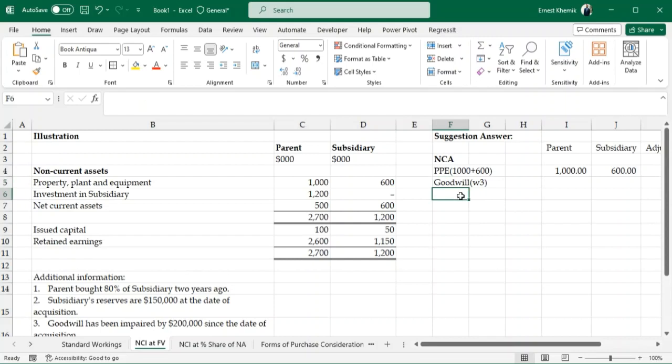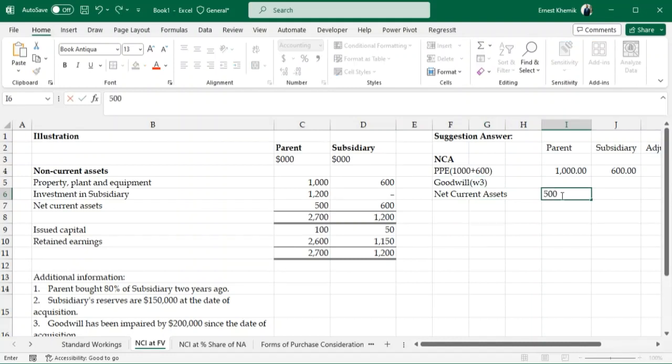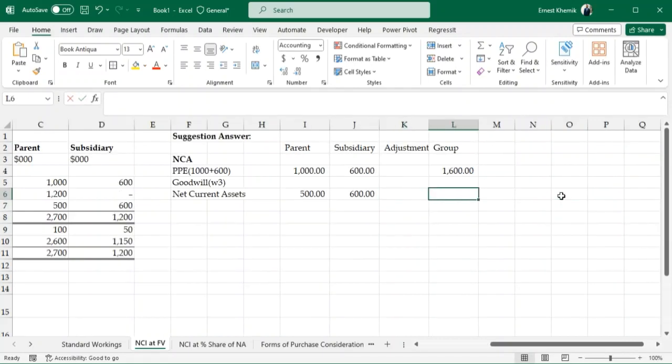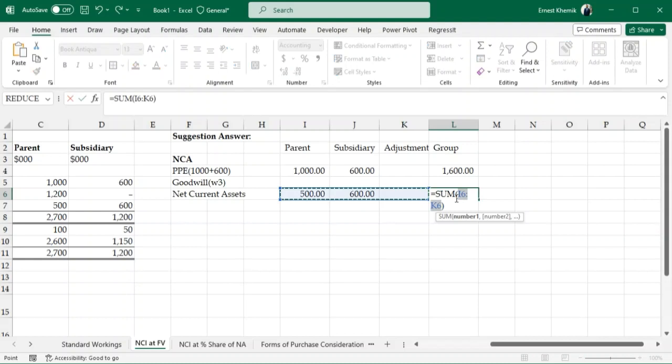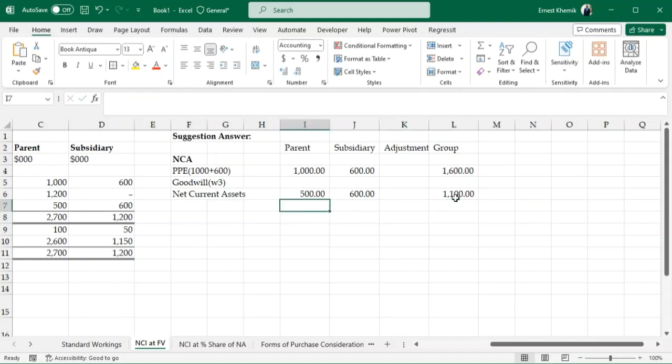Then the next item is the net current assets. As I said, if you are writing manually, you do just as this one. So with those ones, we have 500 for the parent, and then we have 600 for the sub. So I can come here and then I'll do alt equals to sum those together, and then I have that.